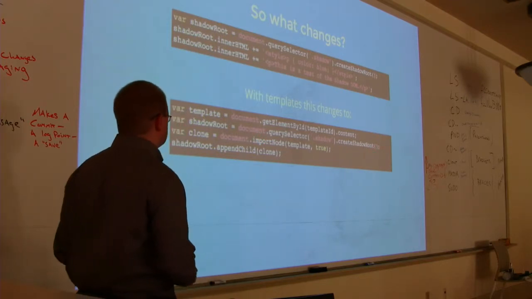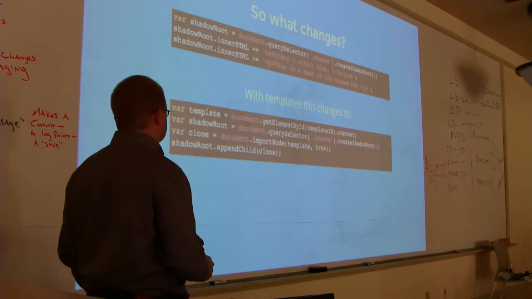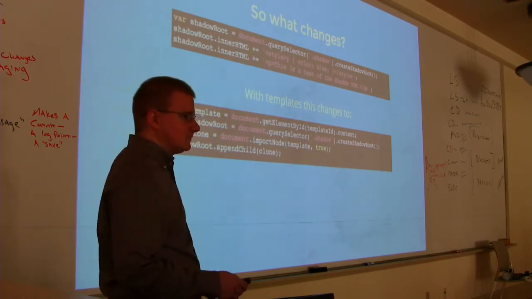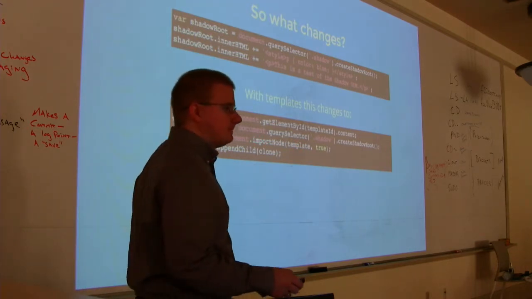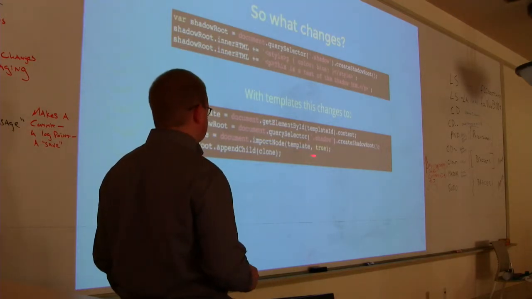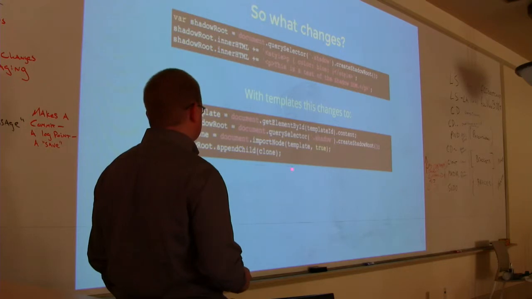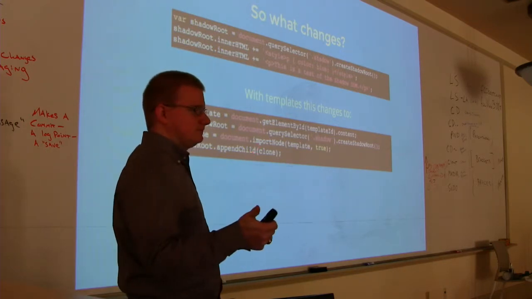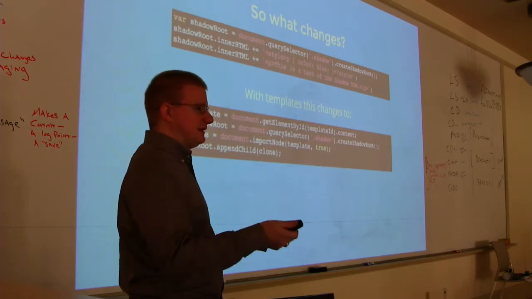Then we create a variable clone and import the node. We import what we just created, which was the content of the template, and we insert those nodes, and then we append all that to the shadow root with append child. Nicely explained.